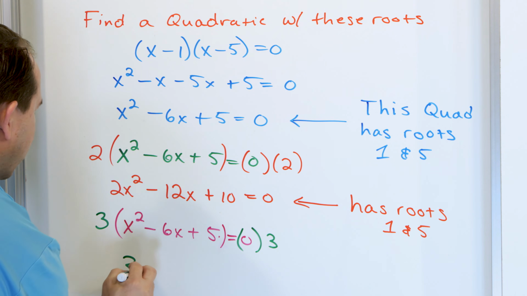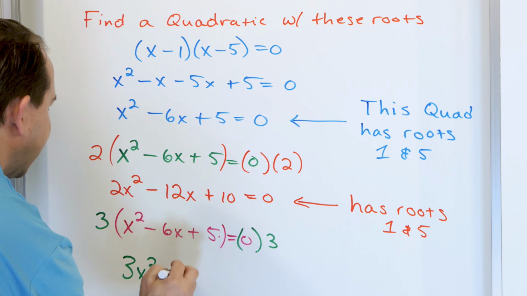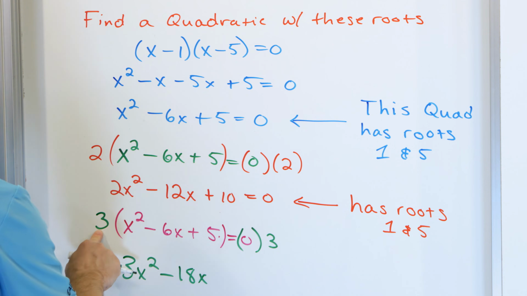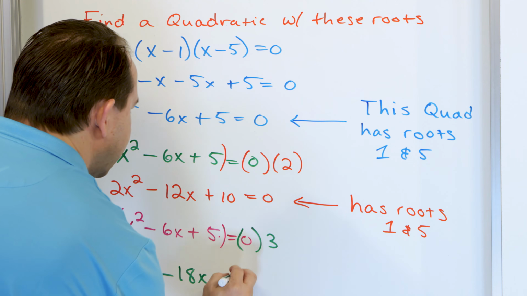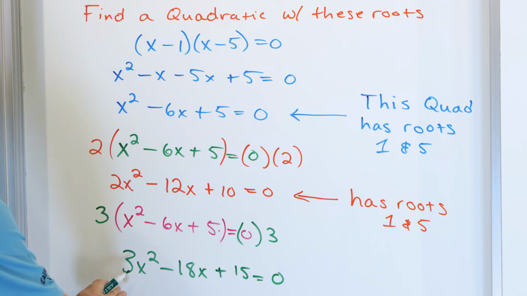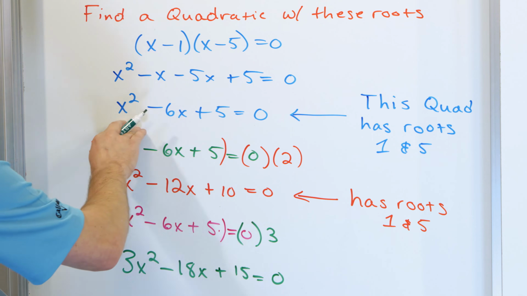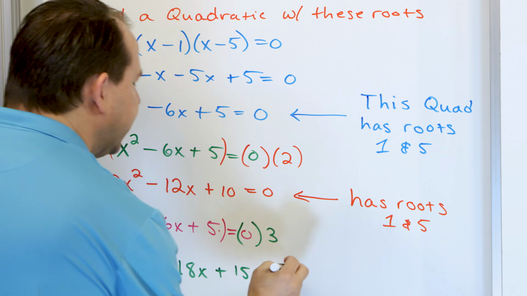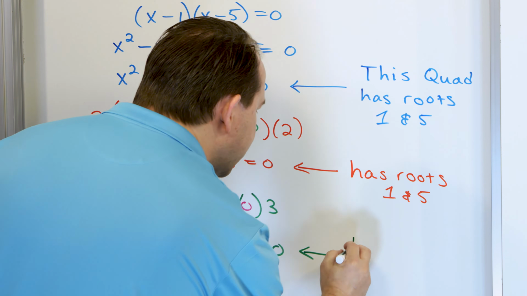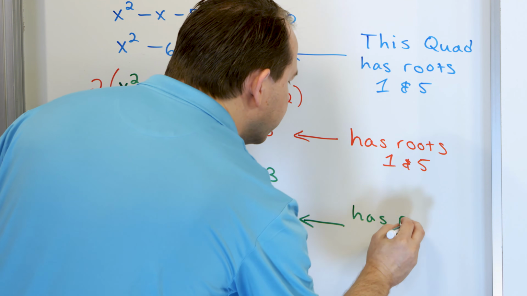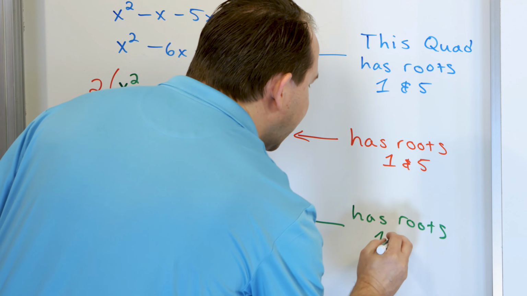I'll get 3x squared minus 3 times 6 is 18x, 3 times 5 is 15, plus 15, again equals 0. This quadratic, if you graph it, looks different than this one, which looks different than this one, but they all have roots 1 and 5. So this quadratic is another one that has roots 1 and 5.